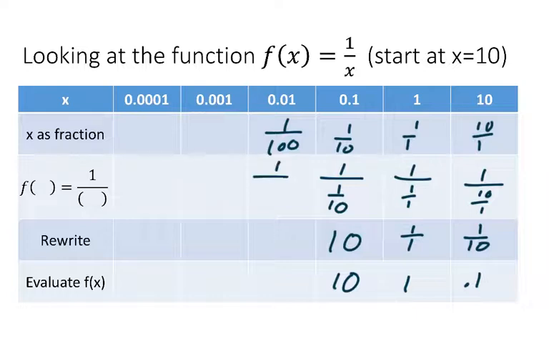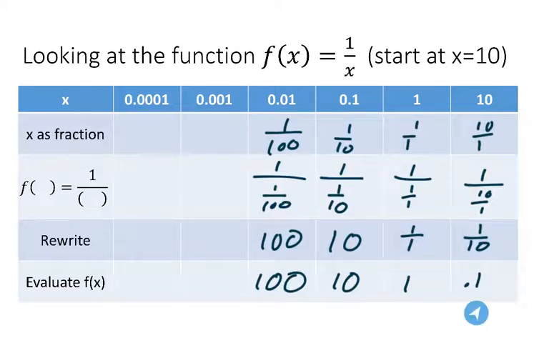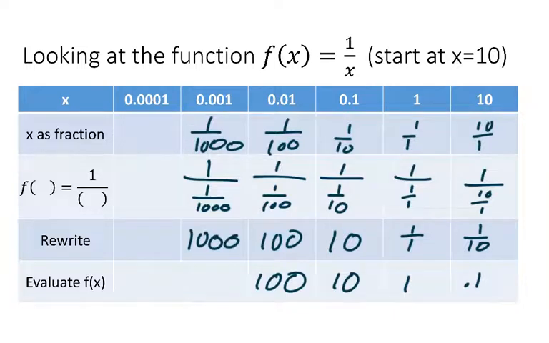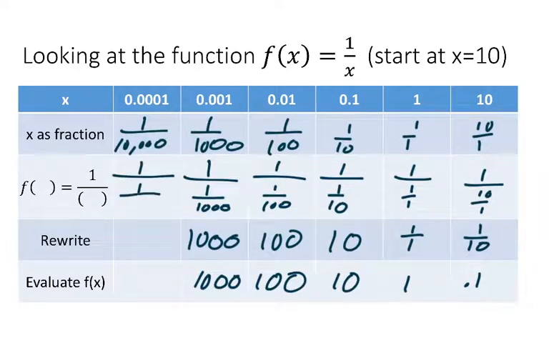So I've got 1 over 100, and that's going to flip back to be 100, the reciprocal over the reciprocal. So notice what's happening. It's getting larger each time. If I do 1,000th, it's going to be 1 over 1,000th, and then that's going to become 1,000. This is going to be 1 over 10,000, which is going to become 10,000.